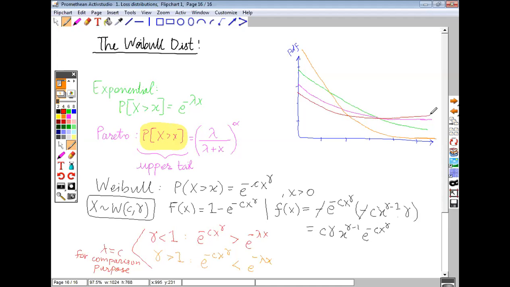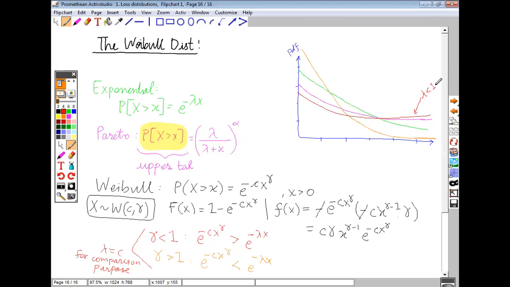So yeah, it will have a heavier tail than the other guys. So this corresponds to gamma value less than 1. So these are the kind of flexibilities that you can add to the data by tweaking certain parameters or adding some parameters within the distribution function that you're given. So I hope this is clear to you guys.